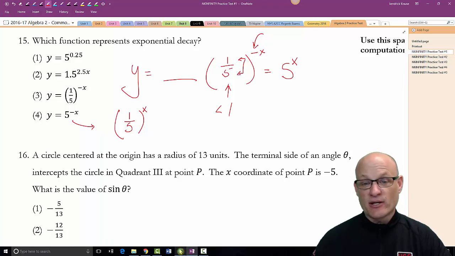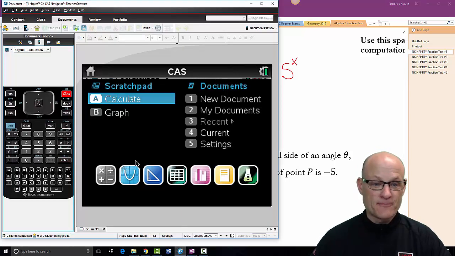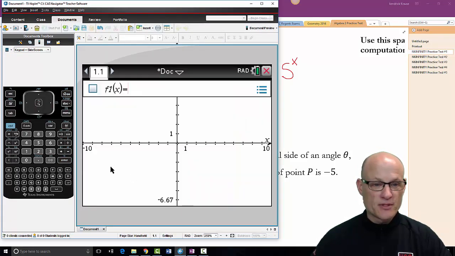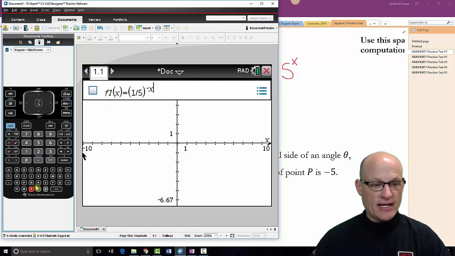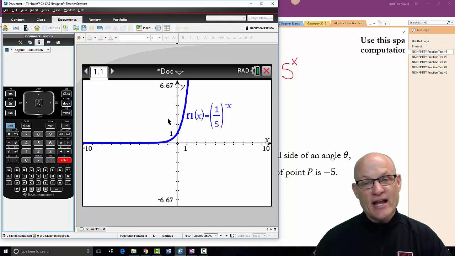Now I said the easiest way is just simply to graph these. Let me graph both of those. The first one was 1 divided by 5 raised to the negative x, and that's an exponential growth question all day long.